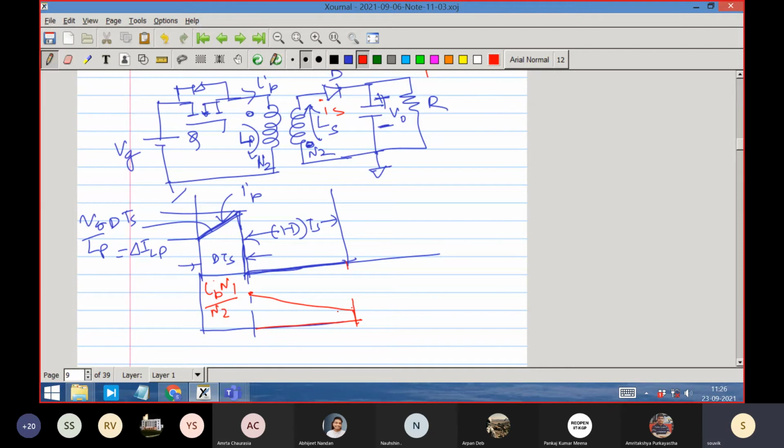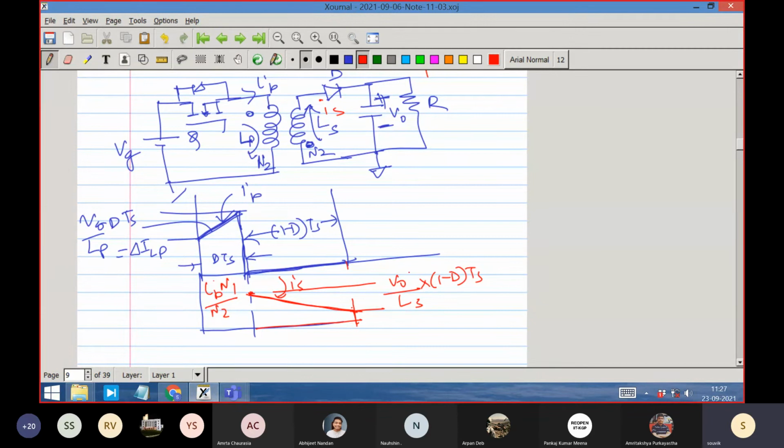This is the secondary current. What is the slope of this secondary current? The slope is V0 by Ls, over 1 minus D times Ts.